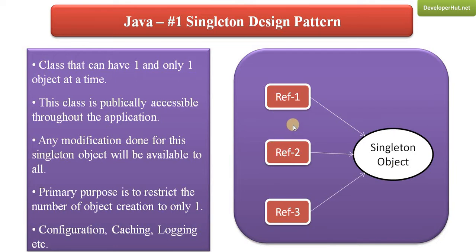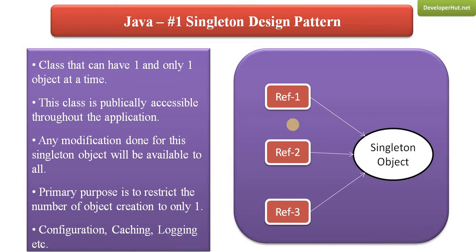The primary purpose of the Singleton Design Pattern is to restrict the number of object creations to only one, as its name suggests. The Singleton Design Pattern is used in a lot of places.